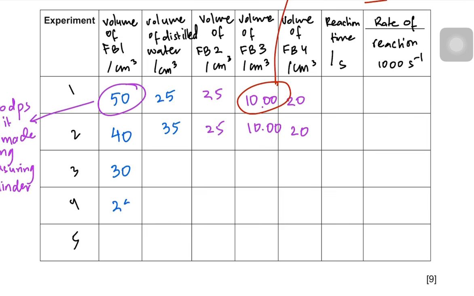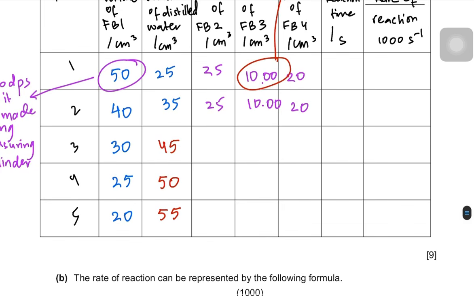Now I can decrease the volume of FB1 from 40 to 30 to 25 to 20. I don't want to move the volume to 10 cm³ because that would be immensely less. Sometimes the question even says not to go to 10 cm³. I will increase the volume of distilled water each time to make sure that the total volume is 75 each time.